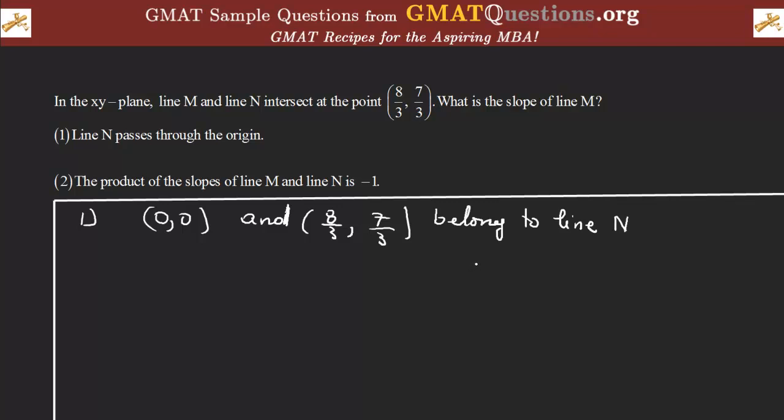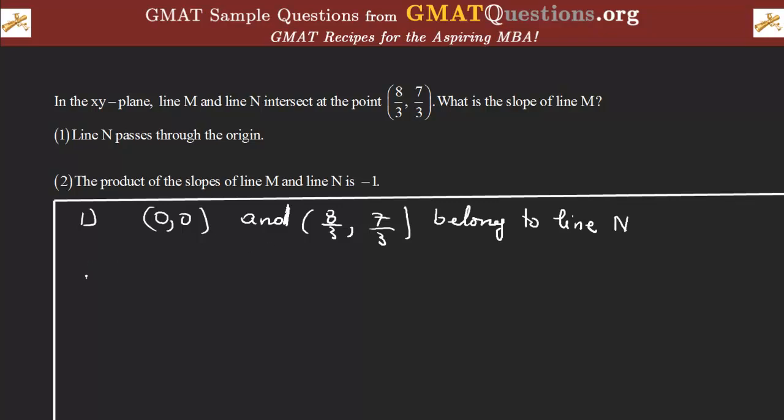So telling us that they intersect at this point doesn't tell us a whole lot, except that this point, (8/3, 7/3), obviously belongs to line N and to line M at the same time. So we lack a strong relationship between line N and line M. And I hope you'll agree with that, okay? We need more than just having the intersection.